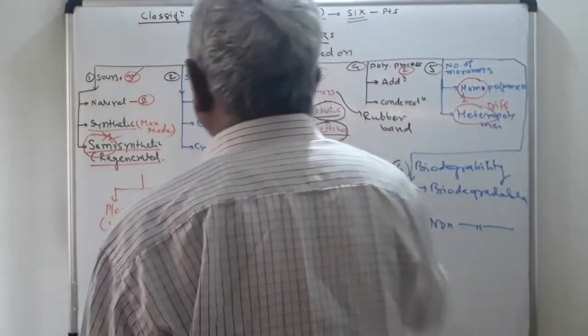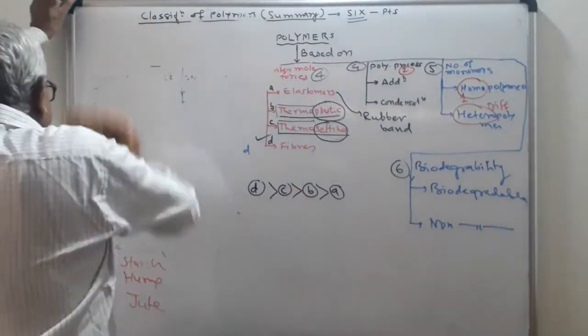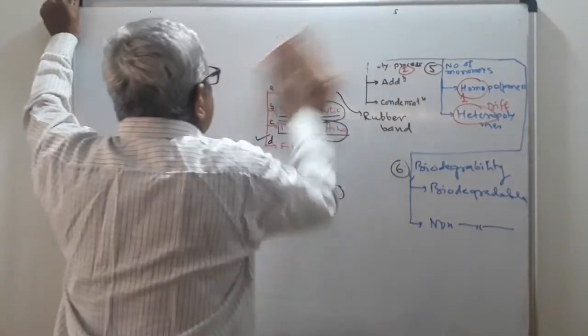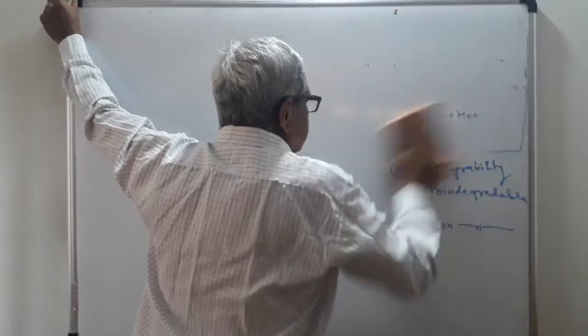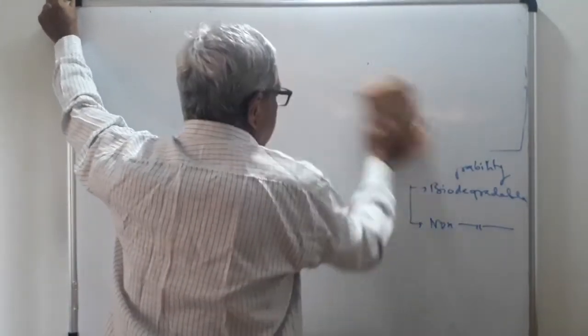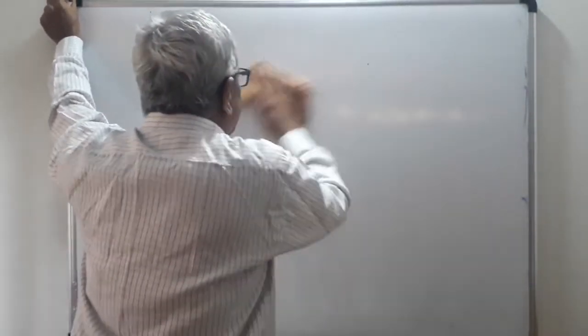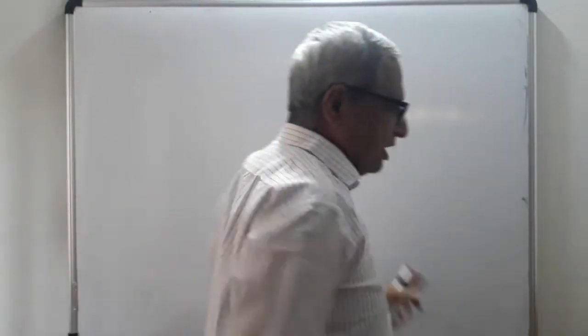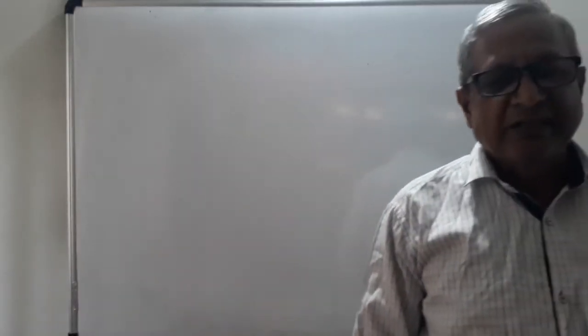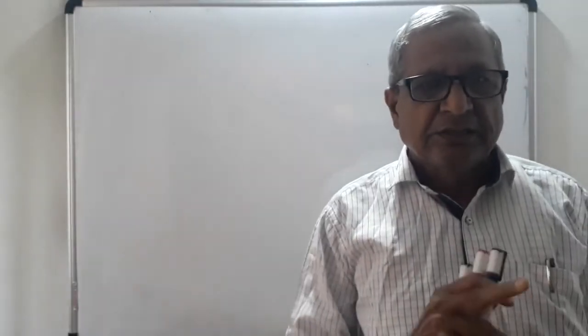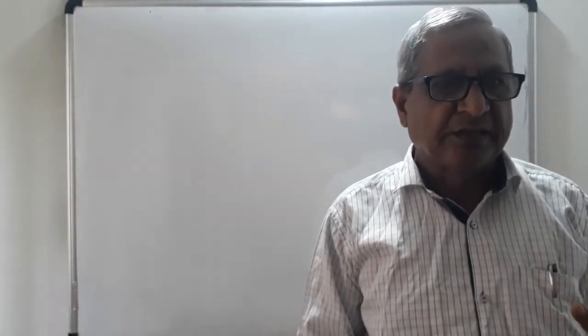So we completed 2 points, that is classification as well as introduction of polymers. So take a brief revision on the introduction of polymers. Polymers are classified on the basis of 6 units. First is based on the source, that indicates natural, synthetic, semi-synthetic.